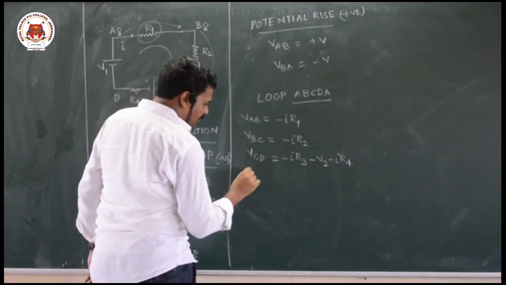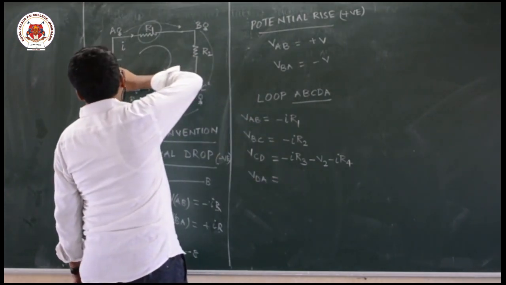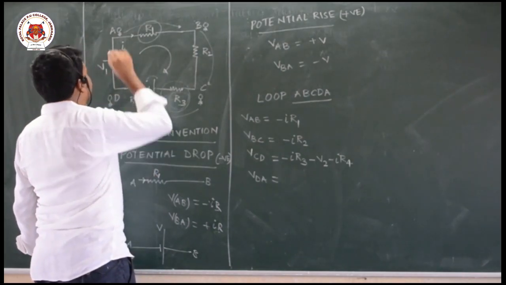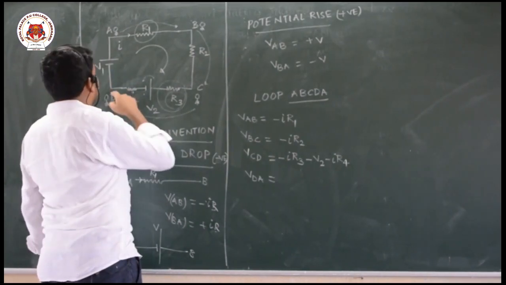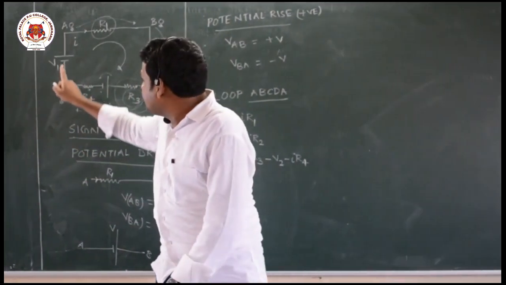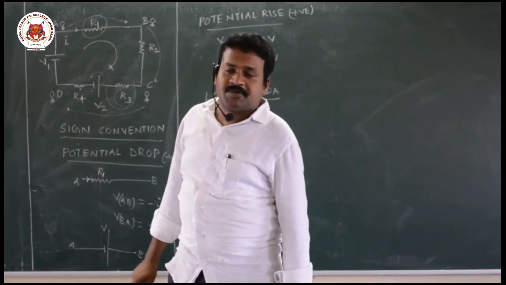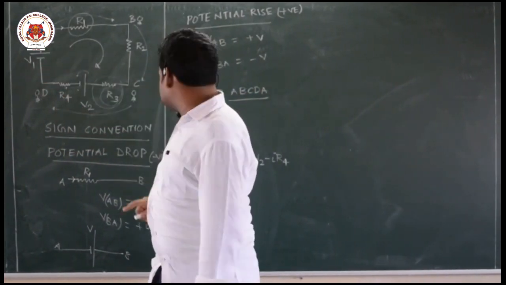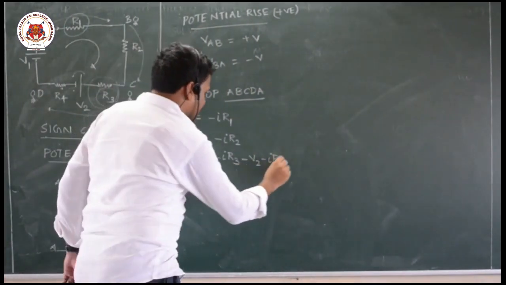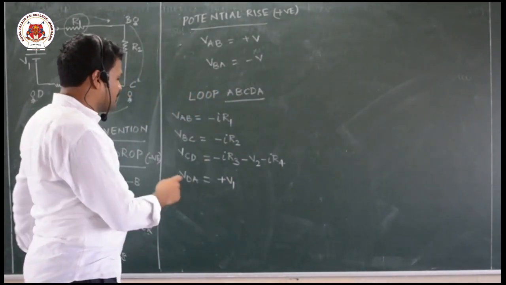Now move from D to A. You are at D, moving towards A. There is only one cell. You are moving from negative terminal to positive terminal, so here you have to write plus V1.